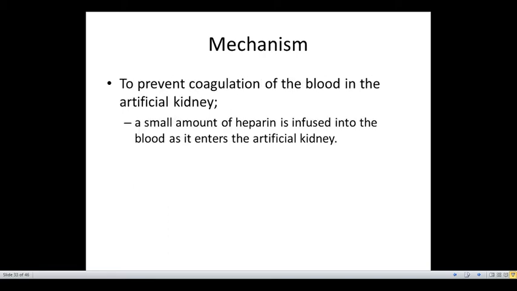To prevent coagulation of the blood in the artificial kidney, a small amount of heparin is infused into the blood as it enters the artificial kidney.